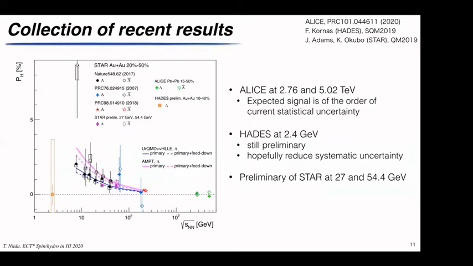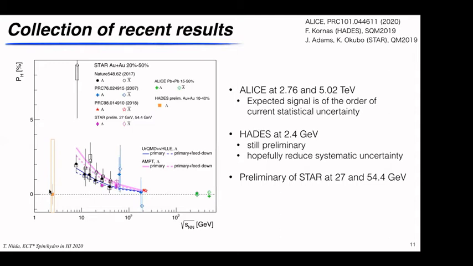If you look at the HADES experiment preliminary result, this orange symbol is for 2.4 GeV gold-gold collision. It seems that this data is very close to zero, but it has a large uncertainty.